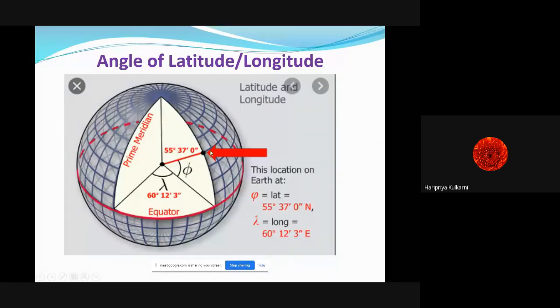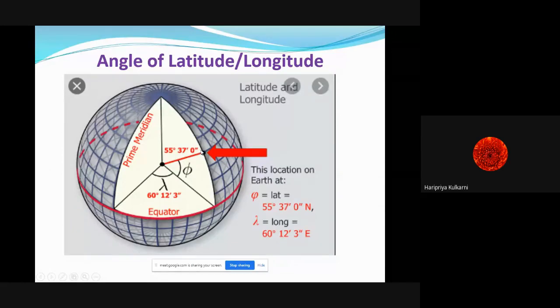If we join a line from that point to the center of the earth, and take the projection of that point on the equatorial plane, then the angle between this line and this line, called phi, is the angle of latitude. It is measured with reference to the equatorial plane.